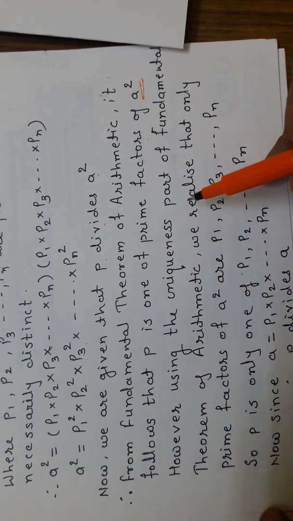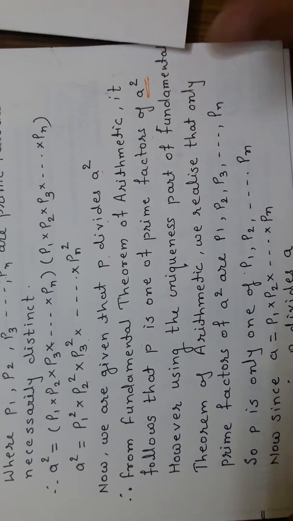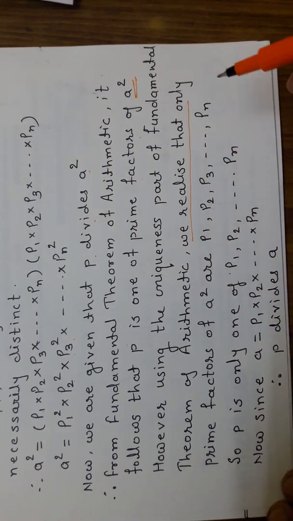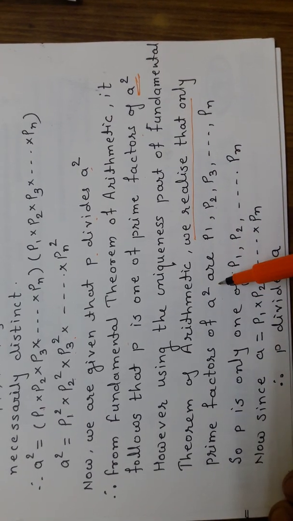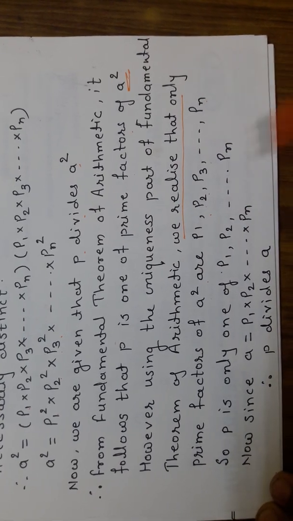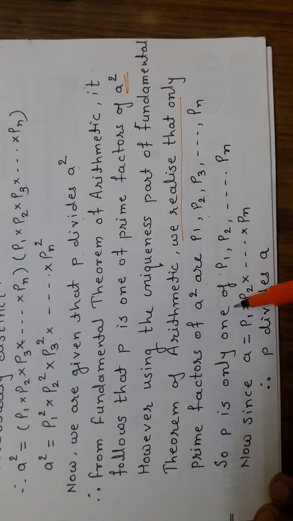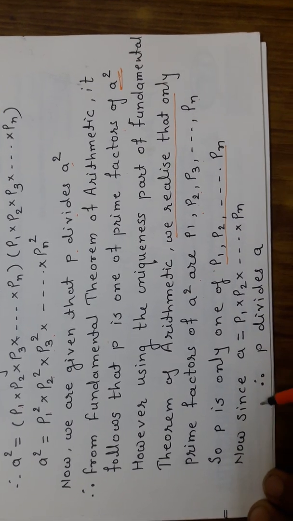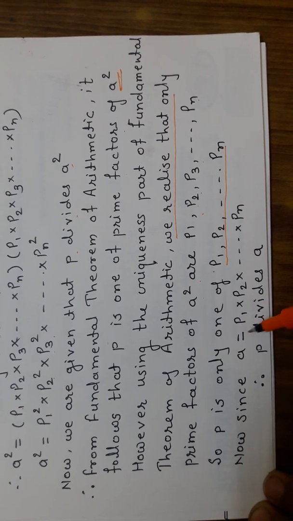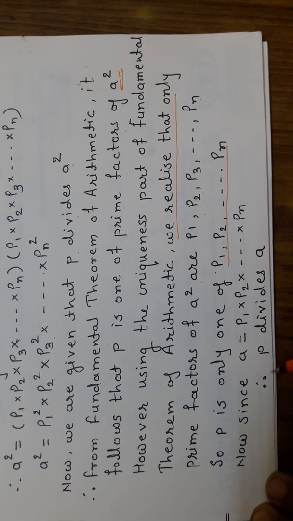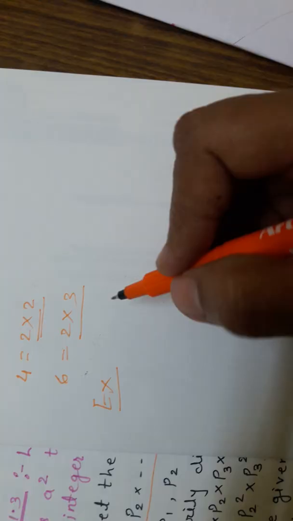However, using the uniqueness part of the fundamental theorem of arithmetic, we realize that the only prime factors of A square are P1, P2, P3 to Pn. So, P is one of the P1, P2 to Pn. Since A is equal to P1 into P2 to Pn, therefore P divides A.